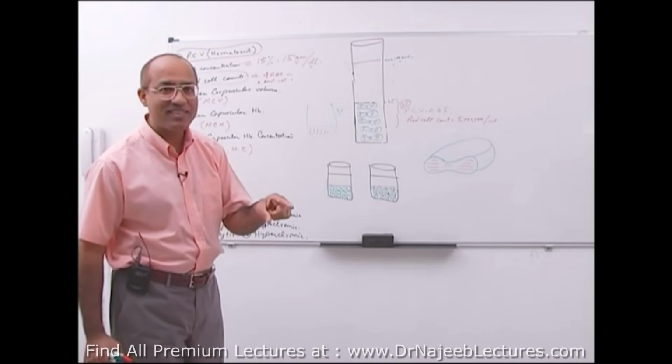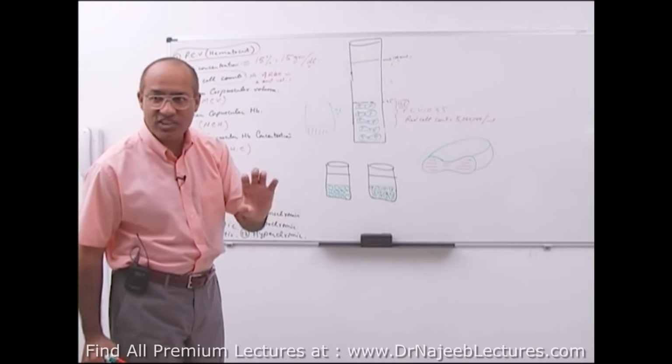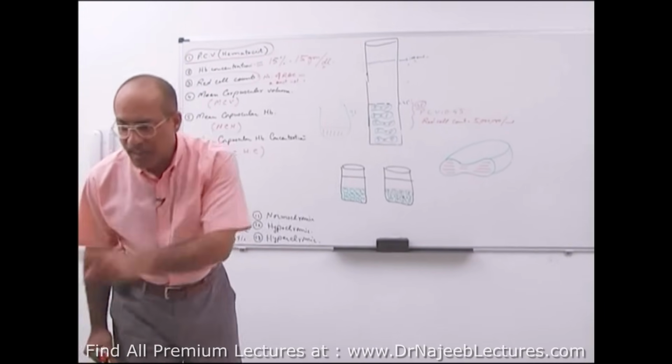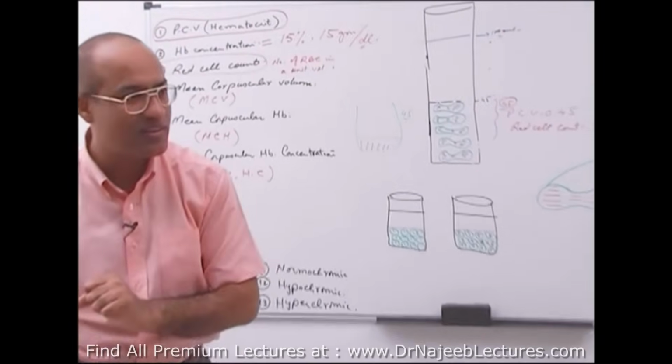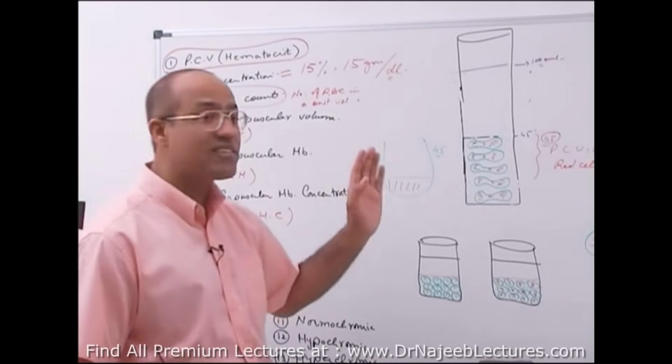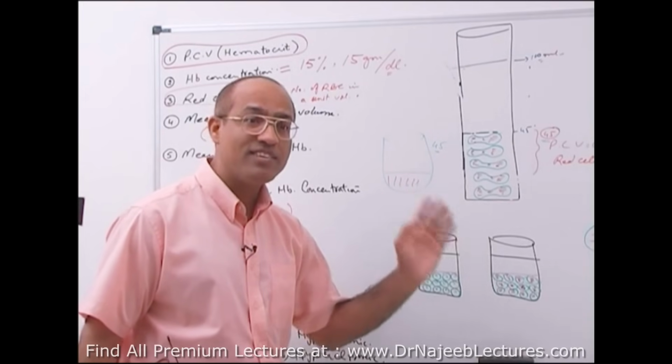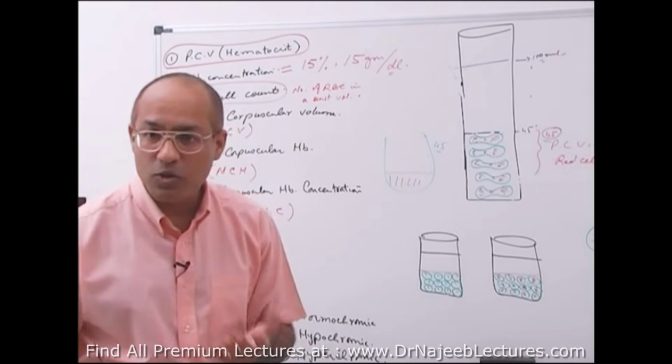So in one case there is better hemoglobinization per RBC, in the second case there is poor hemoglobinization per RBC. It means in the first case hemoglobin was 15 gram, in the second case hemoglobin was 12 grams.